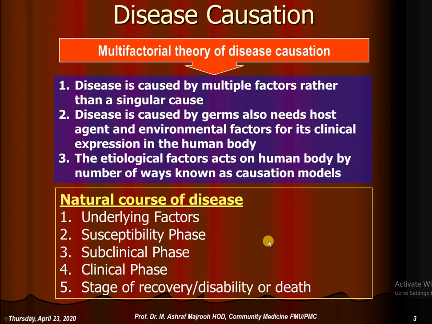So this is the natural course of the disease, and the multifactorial theory of disease causation is now accepted rather than a singular cause. Let us see how the disease causation can be explained under various disease causation models.